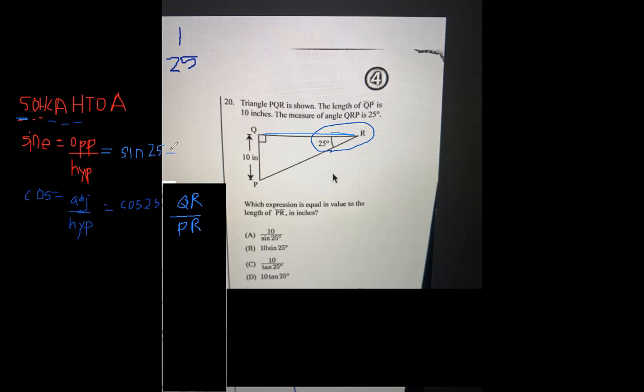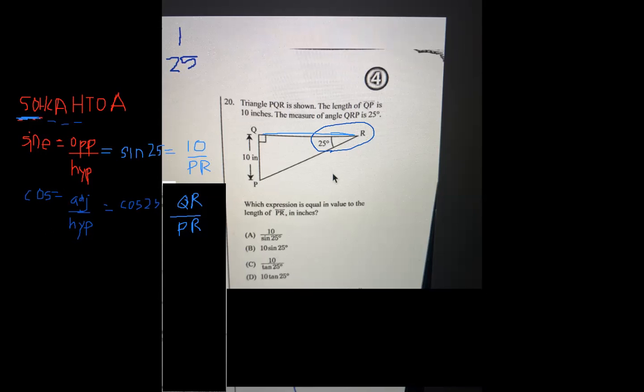The opposite side is QP, or 10. I'm just going to put 10 because we have a value for QP. And then the hypotenuse is still PR. So 10 over PR. Generally speaking, sine is just opposite over the hypotenuse, and we know this because of our acronym SOHCAHTOA.